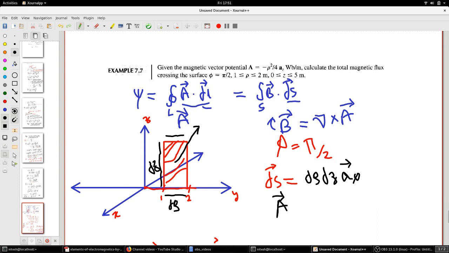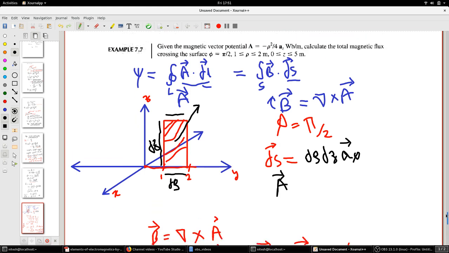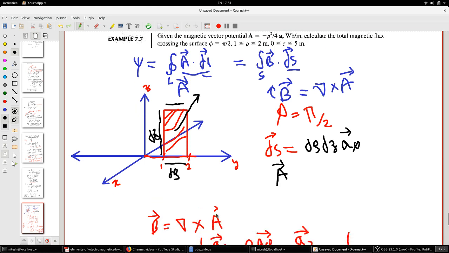What I am going to do now is use the formula B equal to del cross A vector.